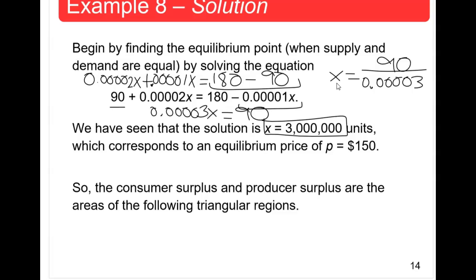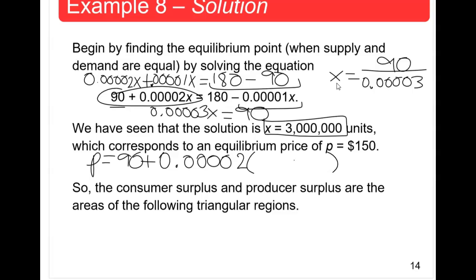How do we know that? Well, if we take one of our original equations, let's say that one, and remember it was P equals 90 plus 0.00002, and instead of x, we use the number that we found for x. So we substitute there the 3 million.